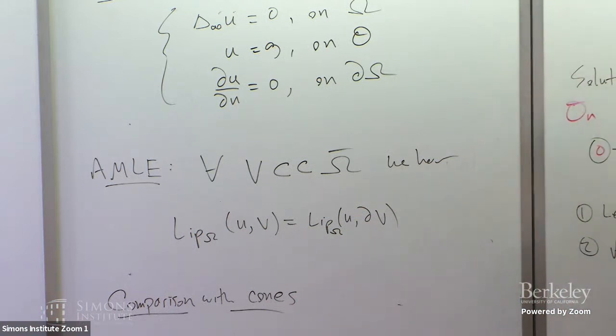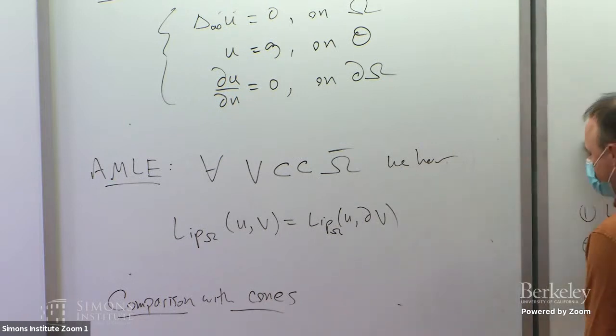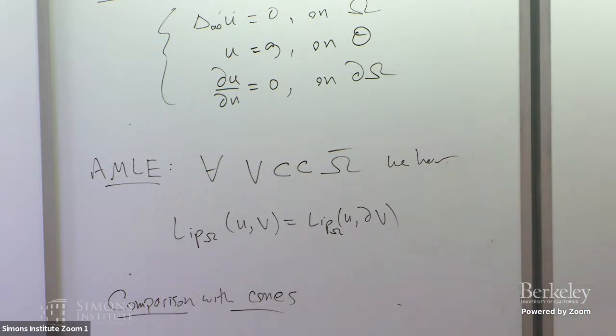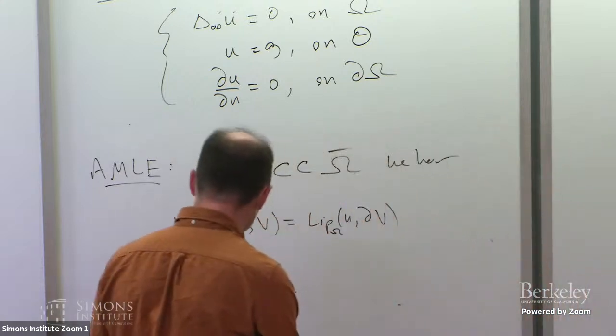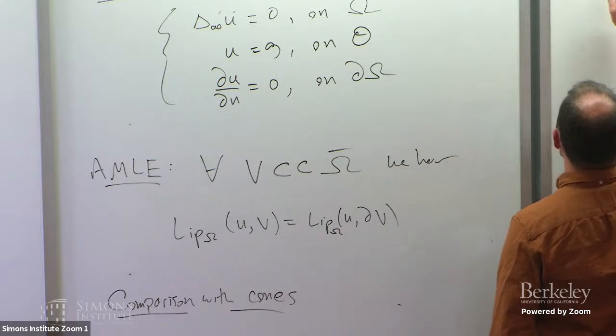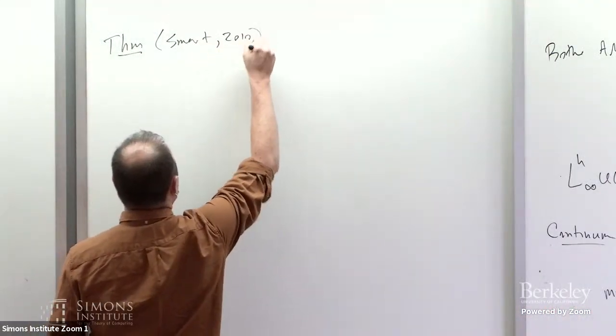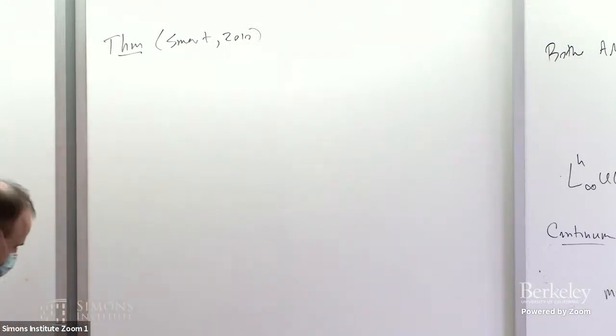Okay, so now what can you say about the continuum limits here? So we have our continuum model, we have the discrete model. So I'll give you an older result. This is just sort of an informal theorem statement. This is from the thesis of Charlie Smart in 2010. It's in a more special setting.